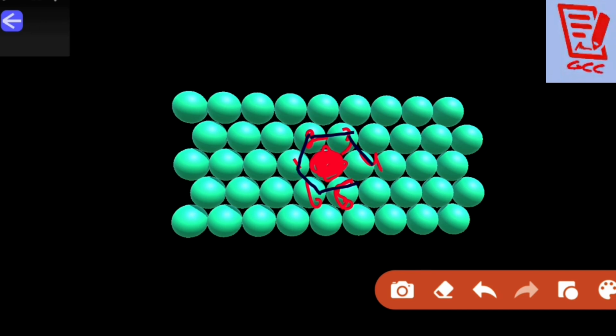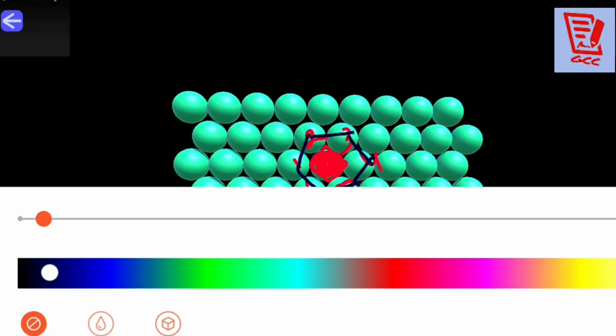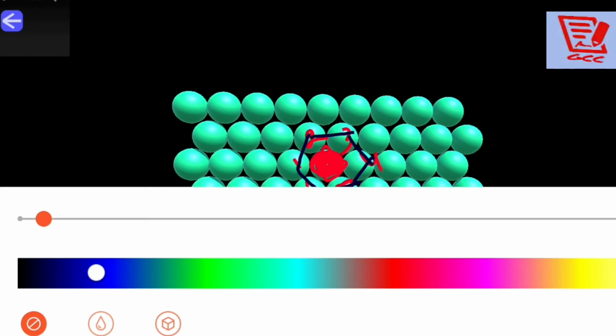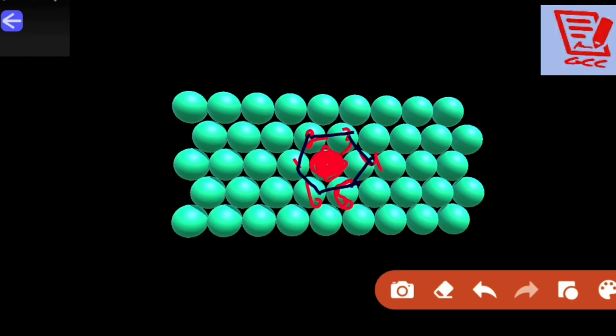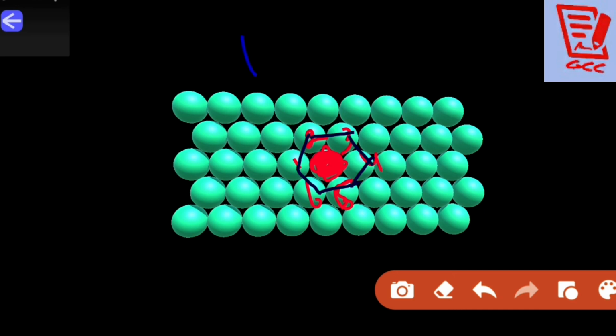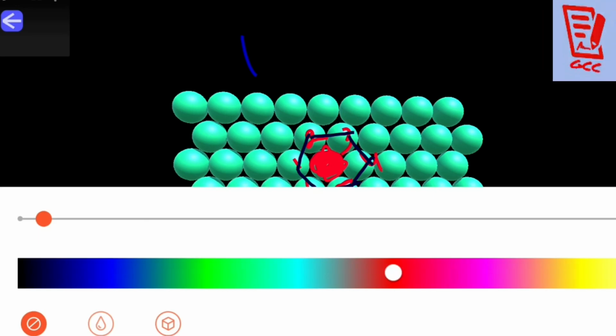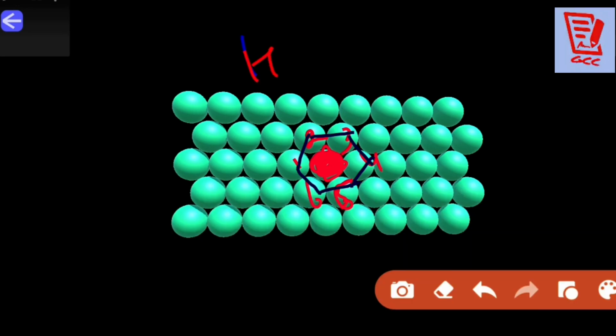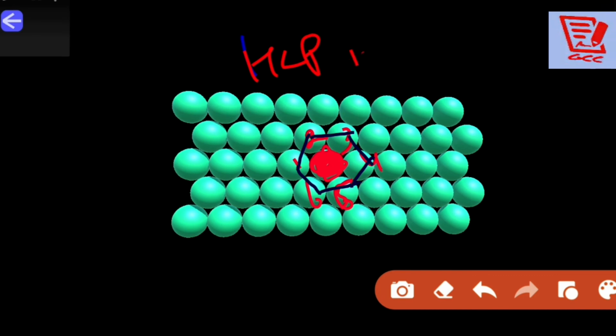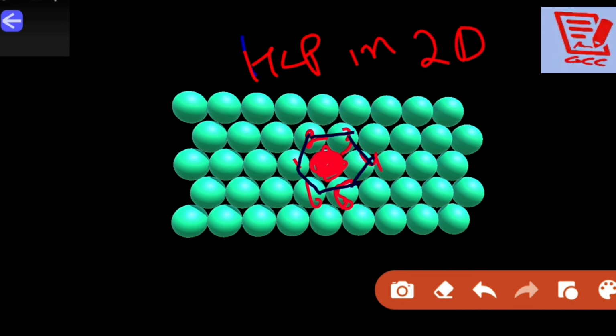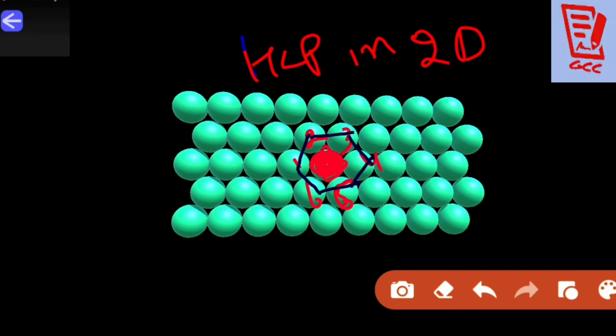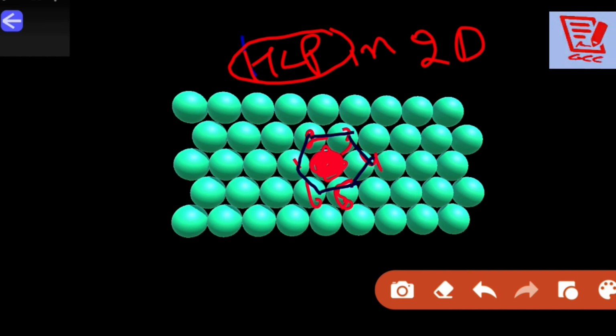Hexagonal close packing means it should be like HCP. What you can call it? HCP in two-dimensional. Clear? Previously it was square close packing, and this is called hexagonal close packing.